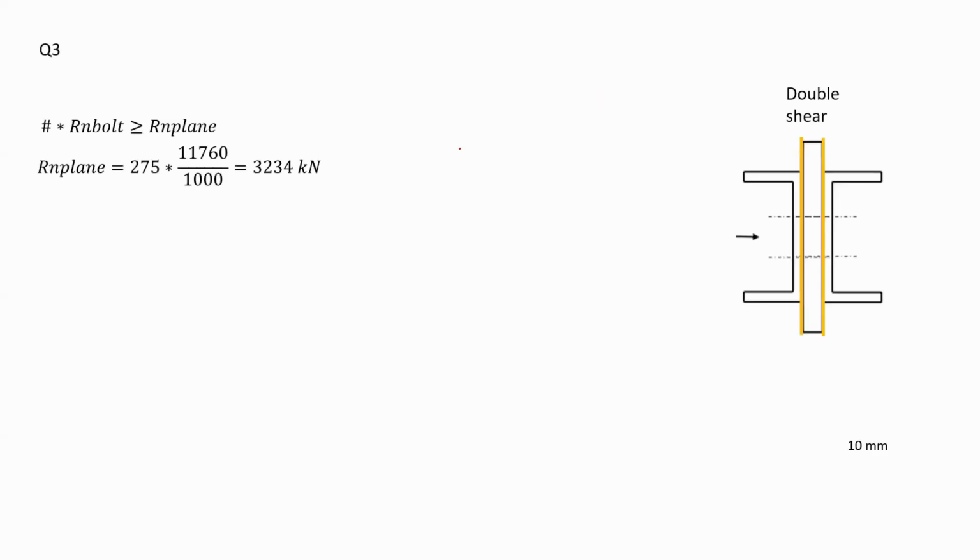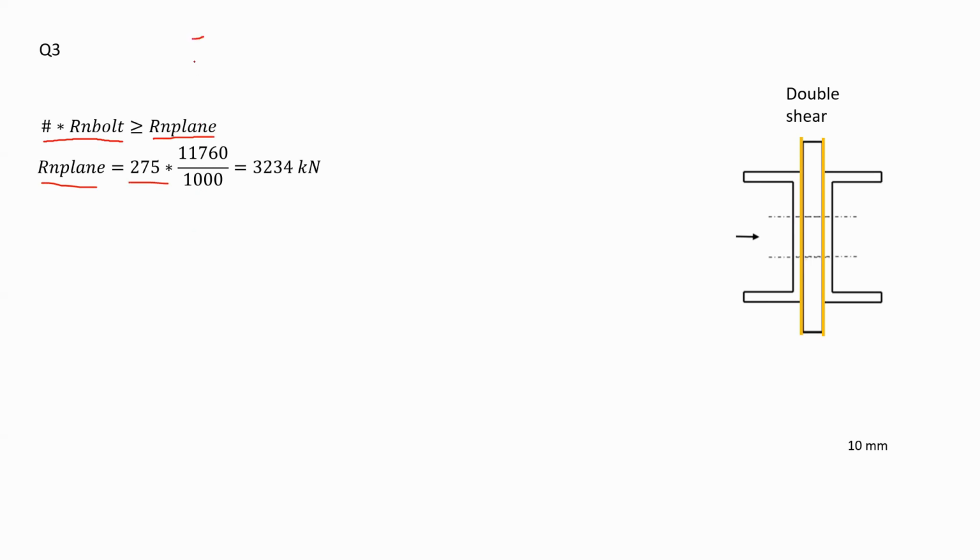Based on this information, the number of bolts multiplied by the capacity of one bolt should be bigger than or equal to the capacity of 2 UPN sections.